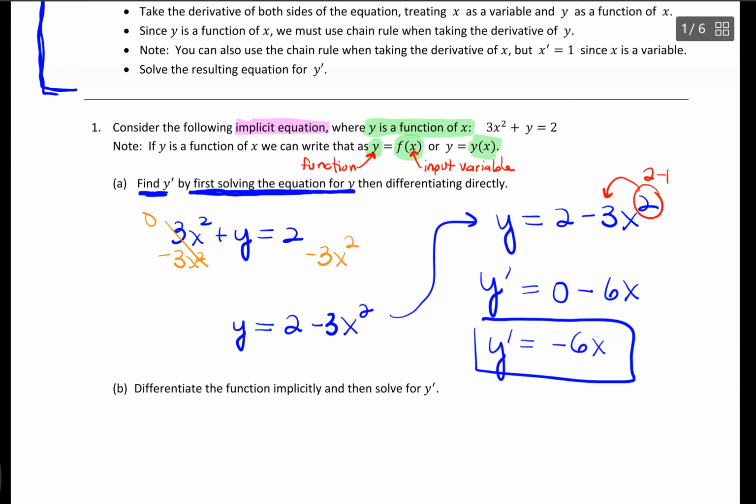But I just want to emphasize here, when we're doing this, we're taking the derivative of the left-hand side. The derivative of y is y prime. And then I took the derivative of the right-hand side, and I got my derivative. So you're taking the derivative of both sides of the equation. The derivative of y is y prime. The derivative of that polynomial was negative 6x.